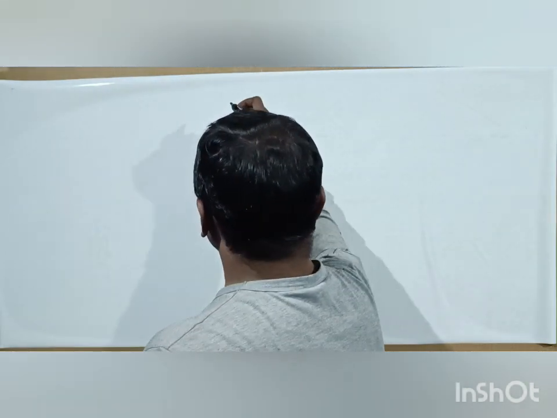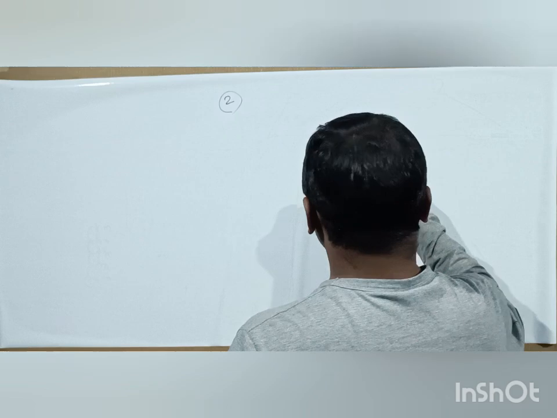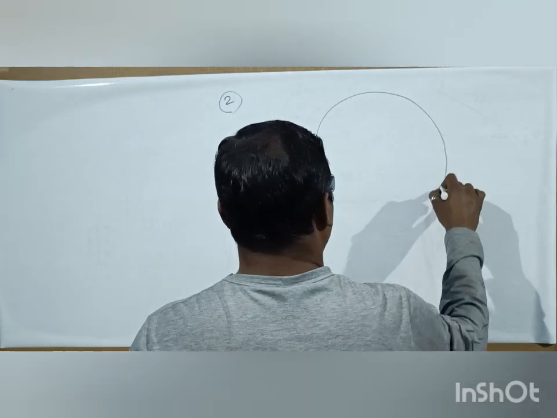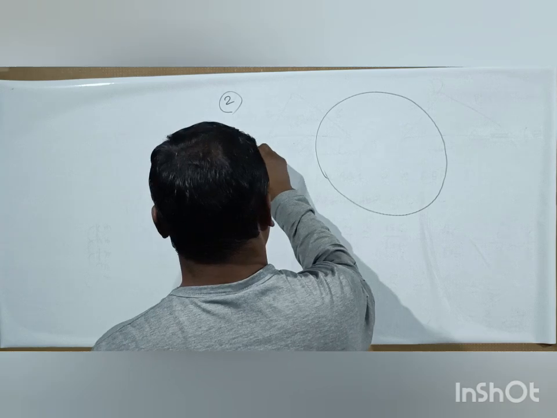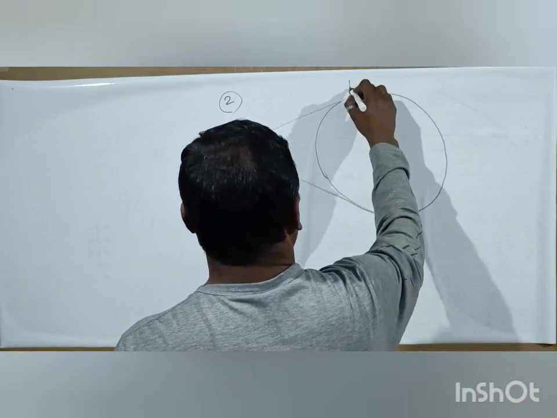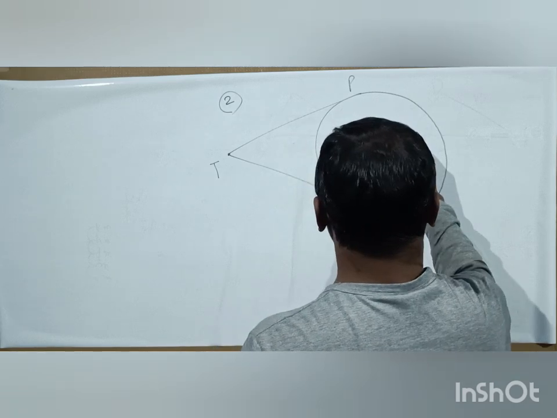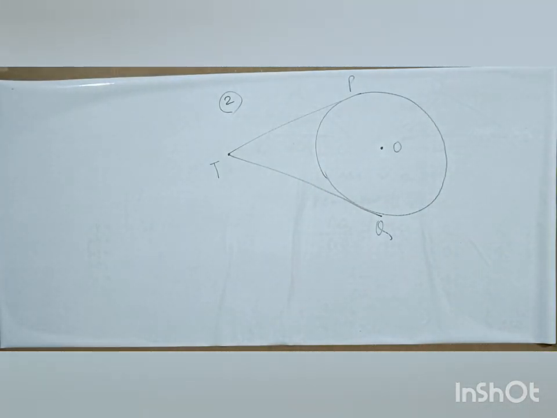Another question. See the question: in a circle, from the exterior point T, two tangents are drawn, TP and TQ. This is the center O. Let me change the pen.